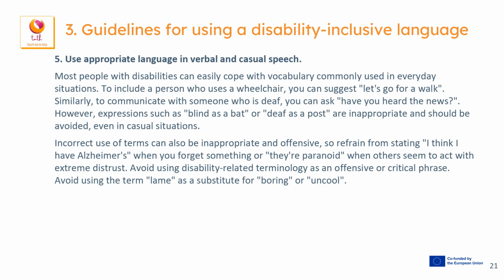Incorrect use of terms can also be inappropriate and offensive, so refrain from stating, "I think I have Alzheimer's," when you forget something, or "they're paranoid," when others seem to act with extreme distrust. Avoid using disability-related terminology in an offensive or critical phrase. Avoid using the term lame as a substitute for boring or uncool.